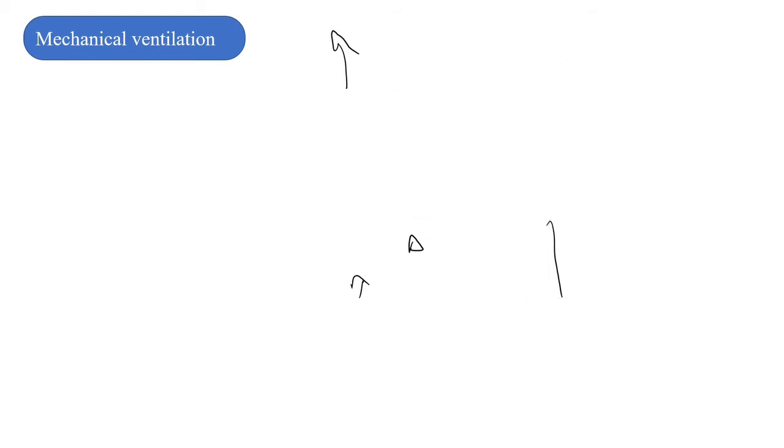The second thing is related to volume controlled ventilation. In volume controlled ventilation, we will give some preset tidal volume at a preset flow rate. Let's say 500 milliliter at a flow rate of 60 liters per minute.